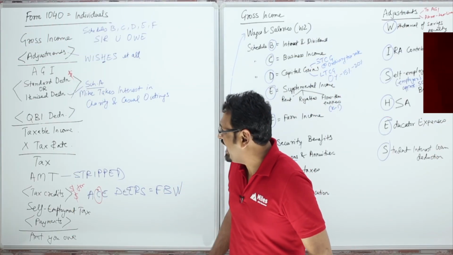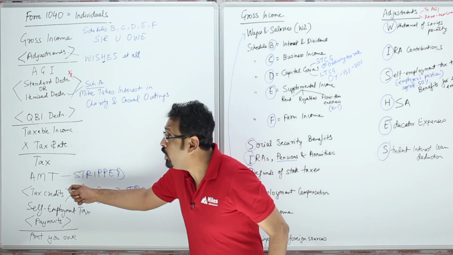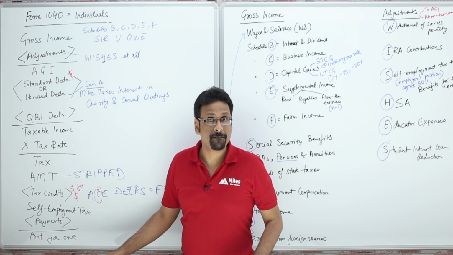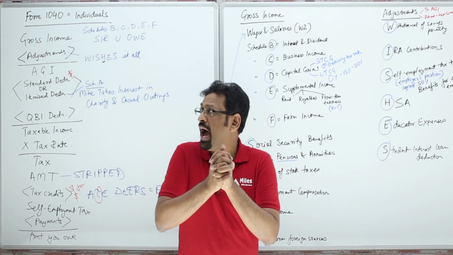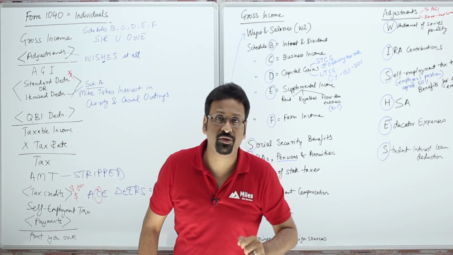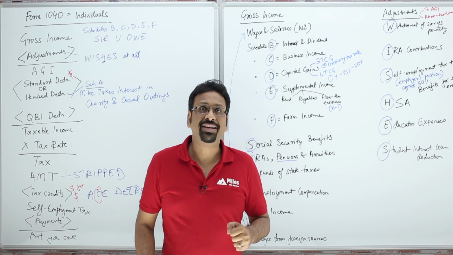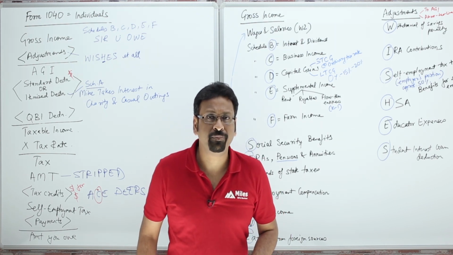We are now looking at tax credits, which reduce your taxes dollar for dollar. Let's say you have a deduction, above the line or below the line, of $1,000, and your highest tax slab is 35%.